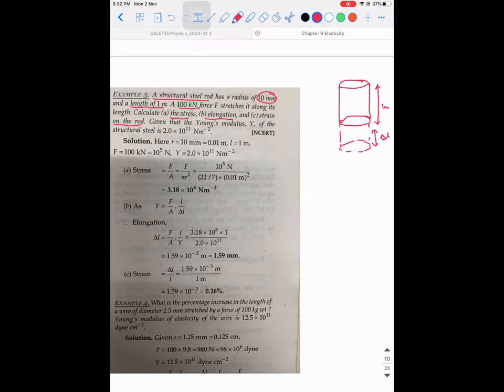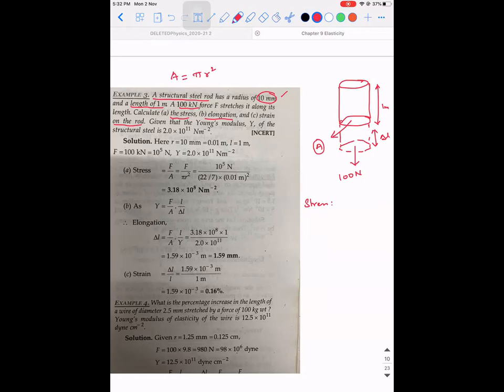Let's call the extension delta L. This delta L is happening due to a force of 100 kilonewton being applied, and the area of cross section being A. So calculate the stress. Now comes the question: when I say area is A, here area is not given, rather radius is given. So how do I take the area? A is equal to pi r square.